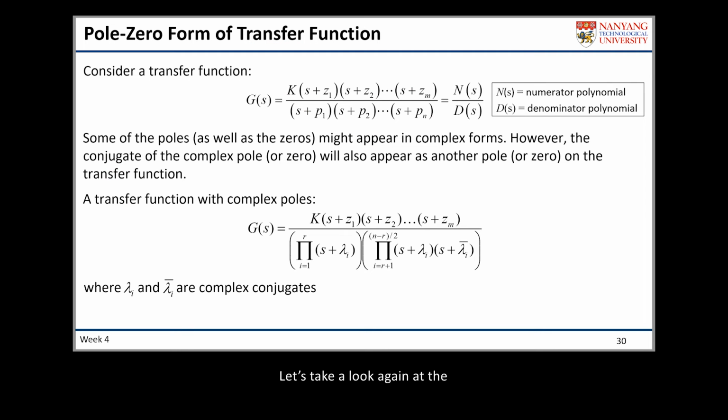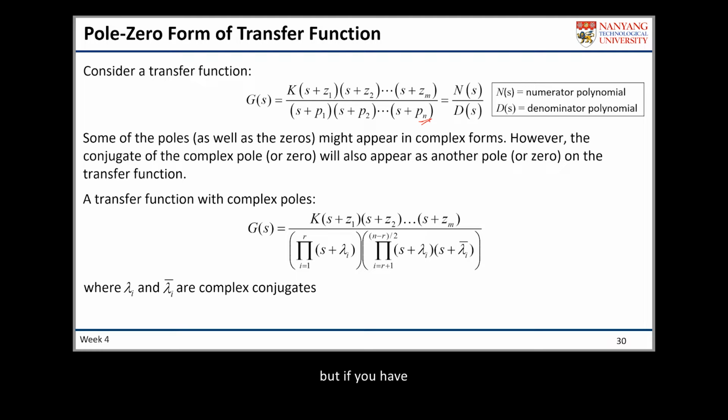Let's take a look again at the same transfer function. Apparently, the poles, from minus p1, minus p2 until minus pn, are not necessarily real numbers. Some of them can be complex numbers. So let's take the case where p1 is a real number, p2 is a real number, but probably p3 is a complex number.